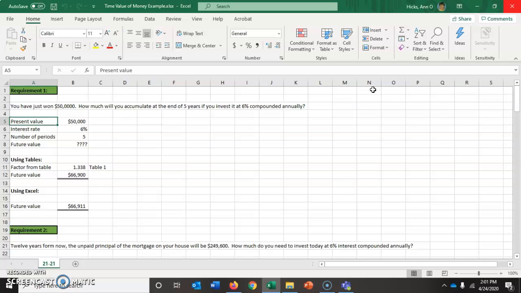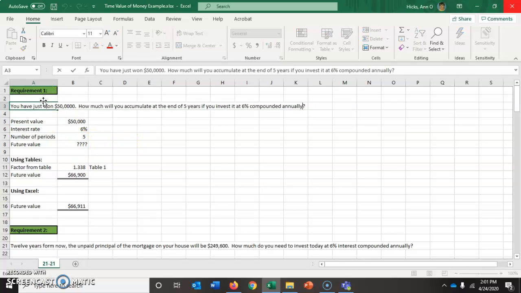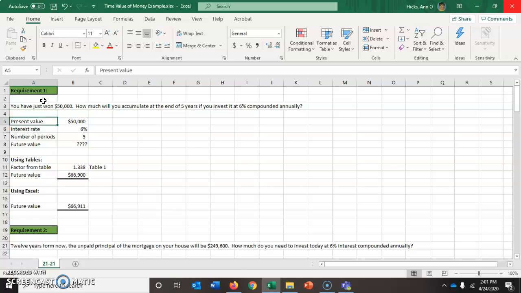In this first one, we're going to assume that we have just won $50,000 and we are going to invest it at a 6% interest rate compounded annually. So, some terminology. The $50,000 is the present value, the value today. 6% is the interest rate.